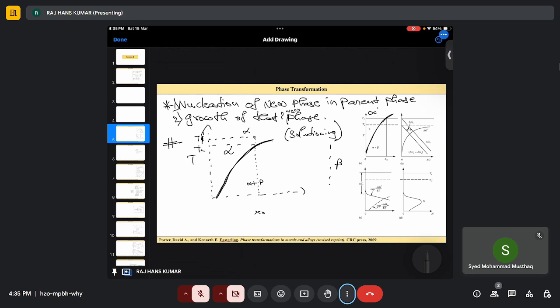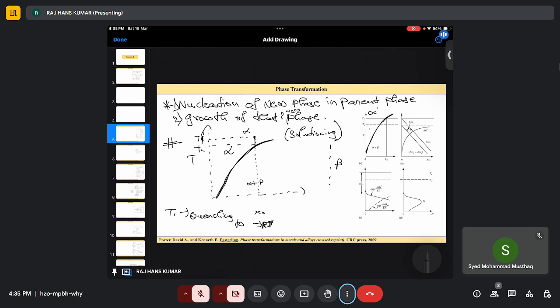Now, after that, what I'm trying to do is quench it to room temperature, from T1 to room temperature, right? That means I'm retaining the high temperature phase at room temperature.